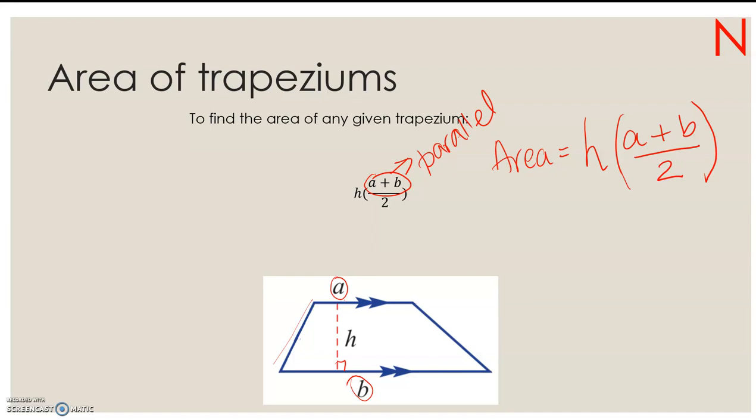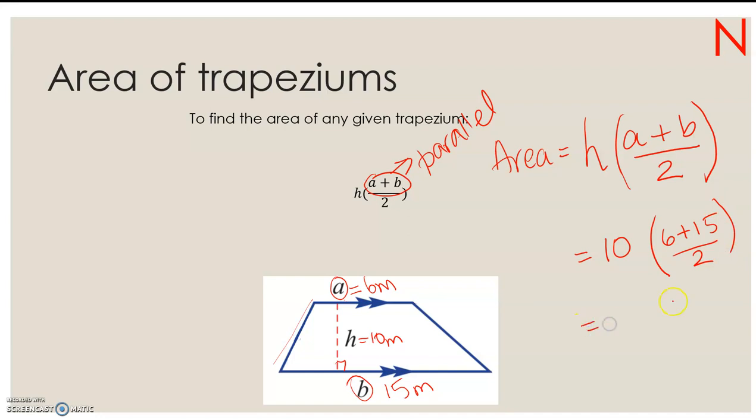So in this case, if I said the height of this trapezium is, let's say, 10 meters, this side length is 6 meters, and this side length is, let's say, 15 meters. Then what I do is 10 times, remember when you've got a bracket it's multiplication, 6 plus 15 divided by 2.